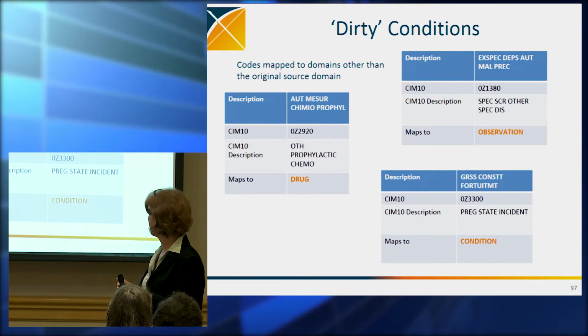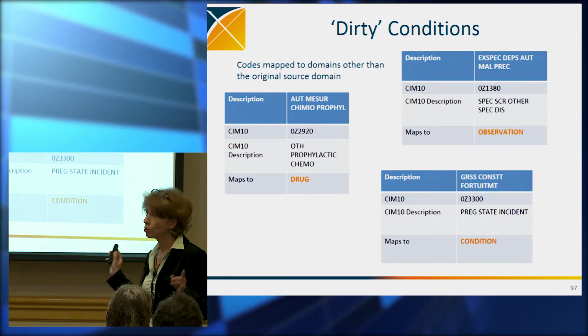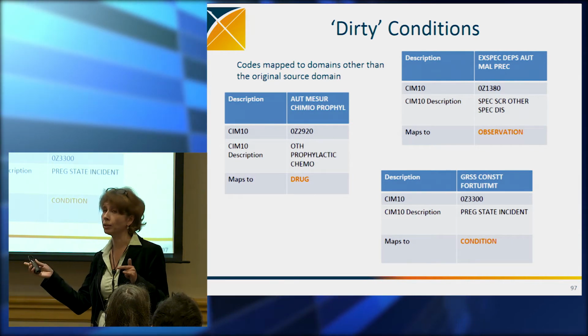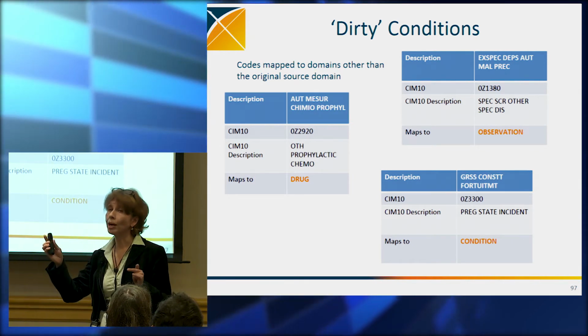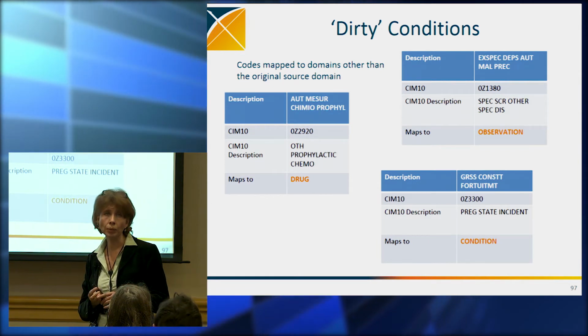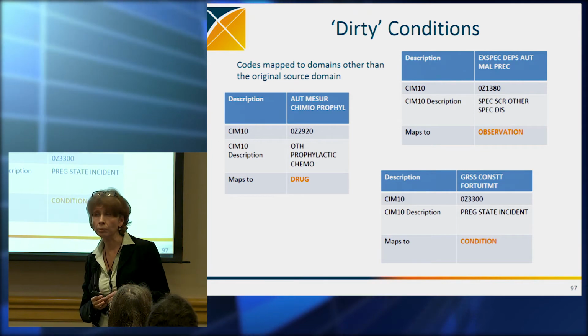One is drug, another one is an observation, and the other one is condition. So the mapping between the source system and SNOMED will, again, prescribe which of the tables, which of the domains this particular record or observation will have to go to.